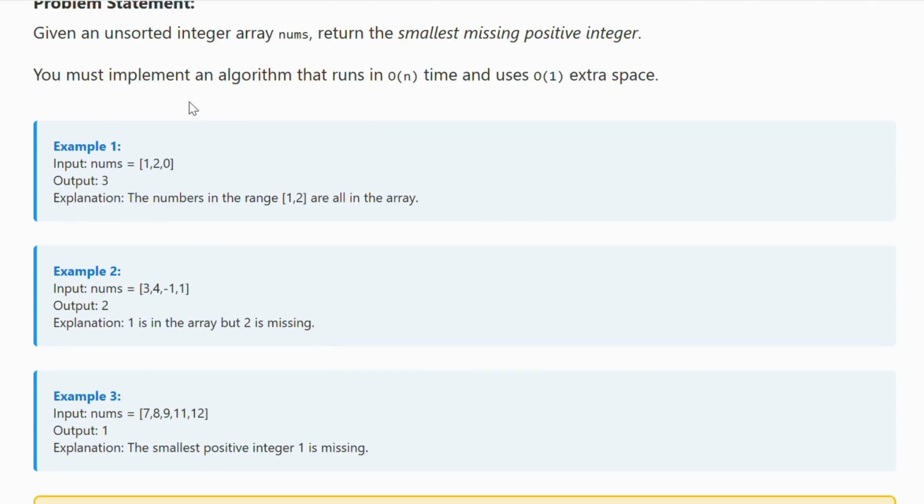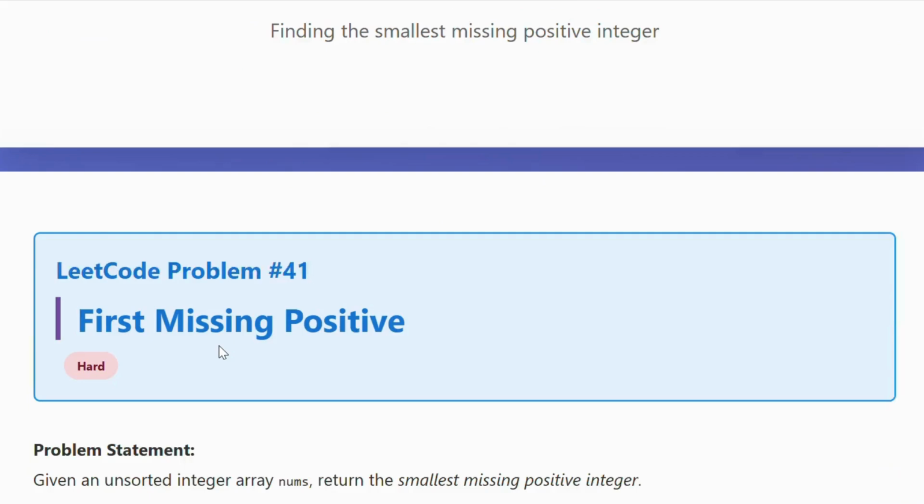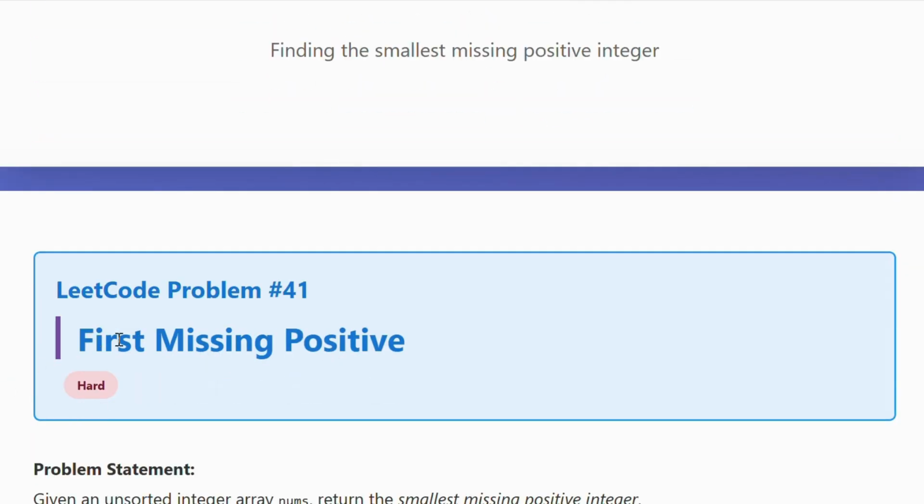We have to understand what formula we are going to apply here, like how we are going to apply cyclic sort. If you know that we have to apply cyclic sort, then this question is super easy. Otherwise, it's a hard LeetCode question.